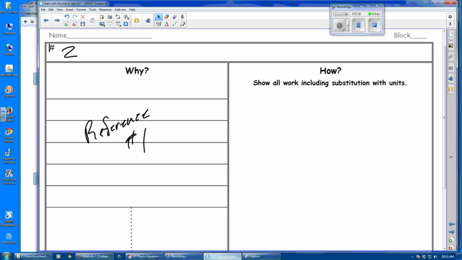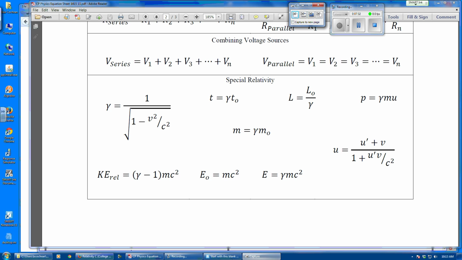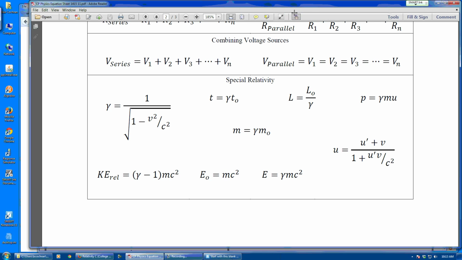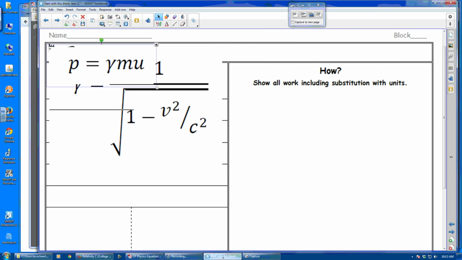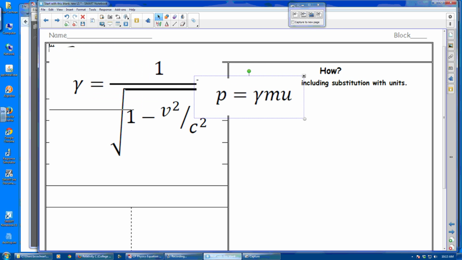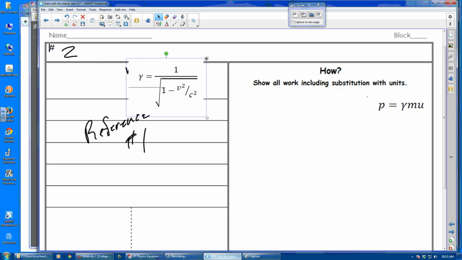And then equation sheet wise, we're changing frames of reference, so we want our Lorentz transformation. We're talking about changes in momentum, so we need our momentum equation. And that's it. So, this one. And then this one.